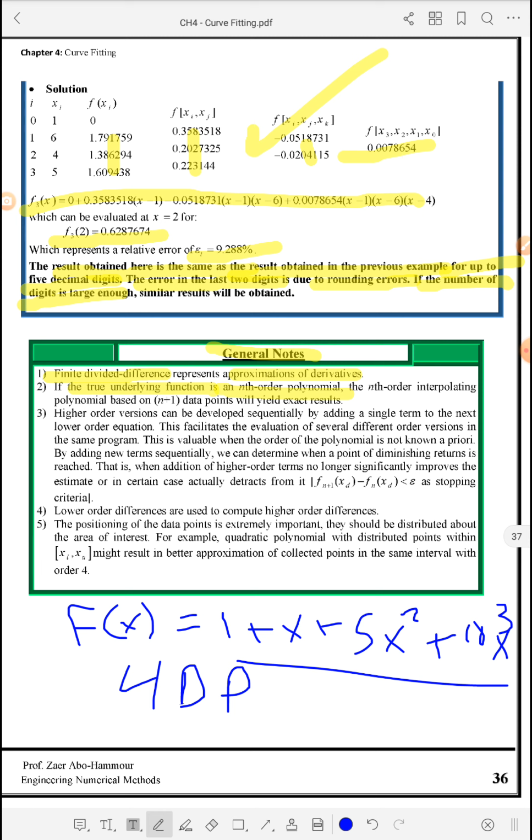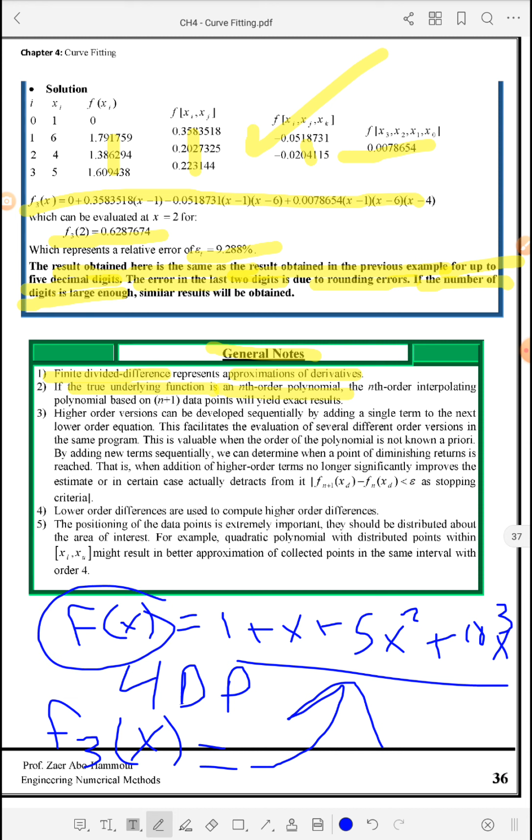Then we have generated this f3 of x based on Newton. So f3 of x generated from Newton should be the same as the original one, subjected to round off errors. If we assume that there are no round off errors, f3 of x should be the same as the original f of x. So theoretically speaking, f3 of x should be the same as f of x, and this is what we mean by this point.